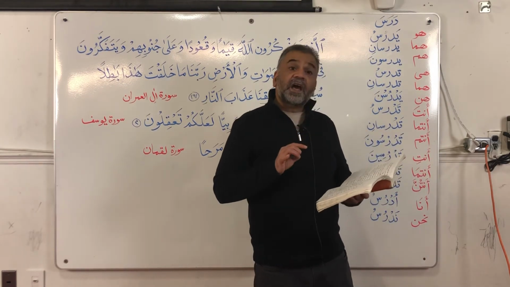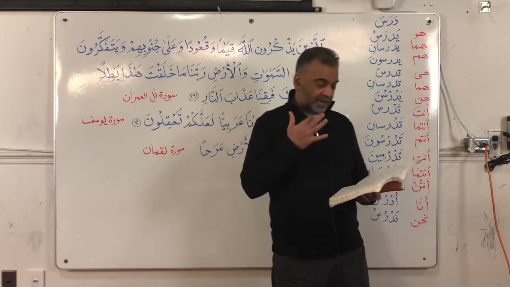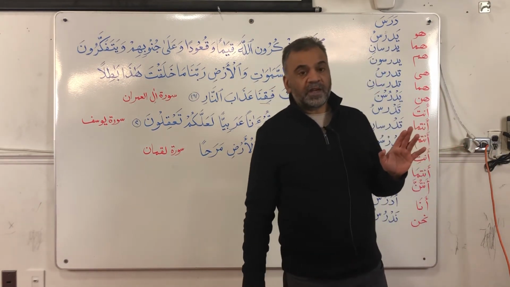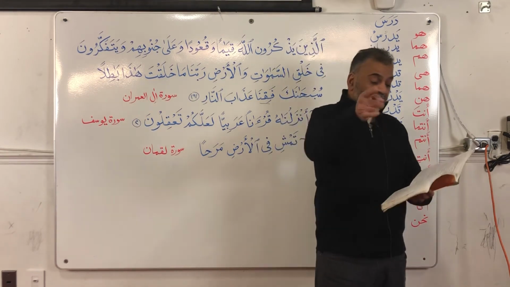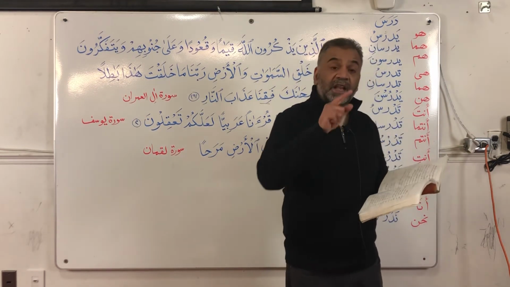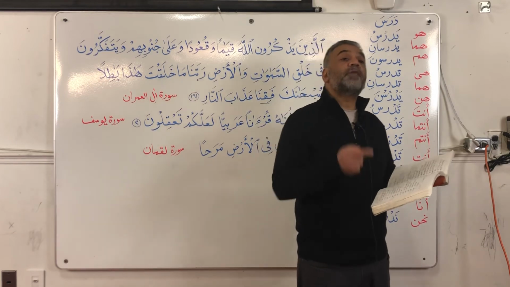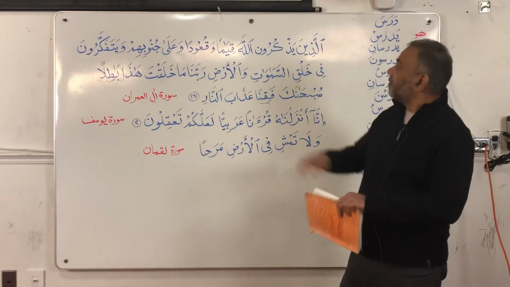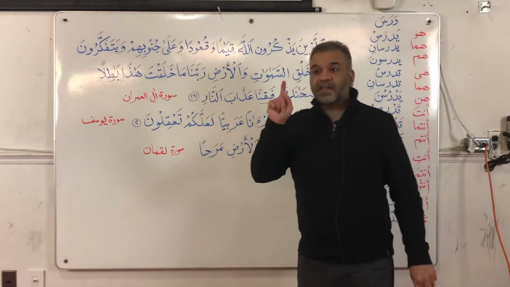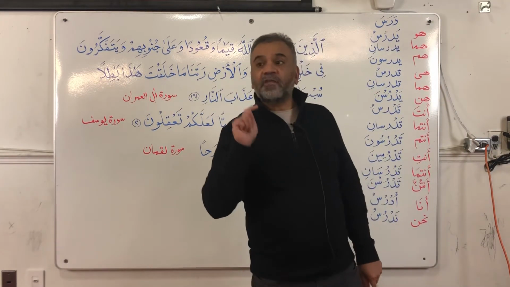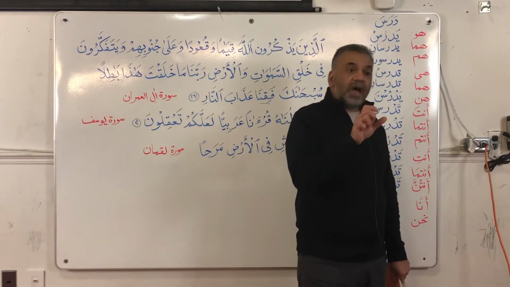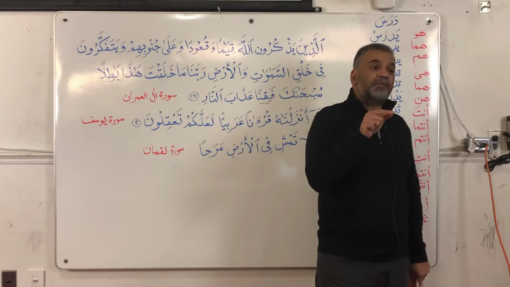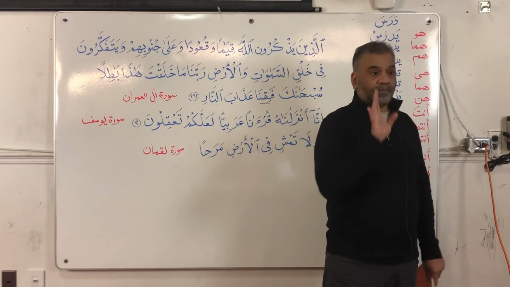Atalibun anta ya Abdullahi. What is a? Harfu istifham, right? Atalibun, are you a student? O Abdullah. Now why am I not saying Abdullah, why am I saying Abdullah? Because of the same concept here. Ya comes, harfu nida comes, and when mudaf is followed by harfu nida, it will become mansub. So Abdullah becomes ya Abdullah, right?